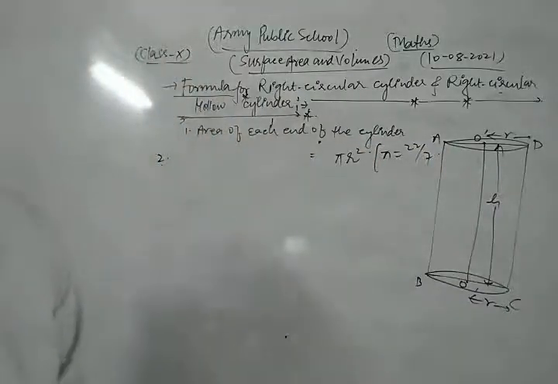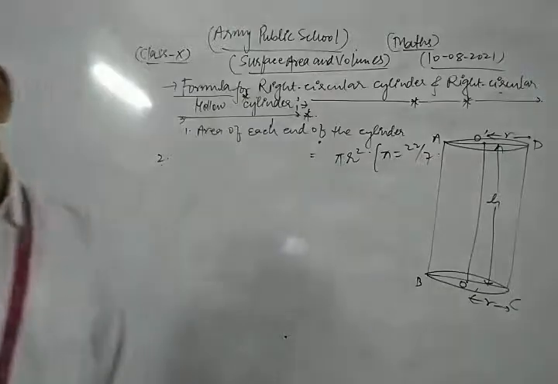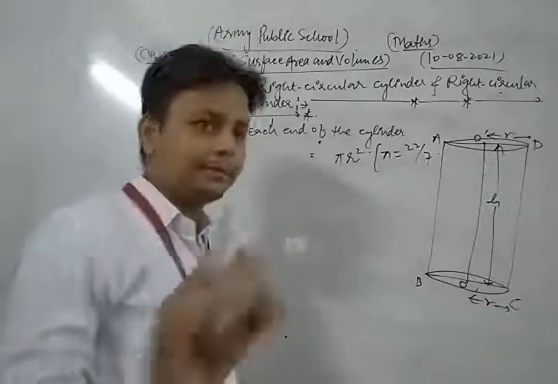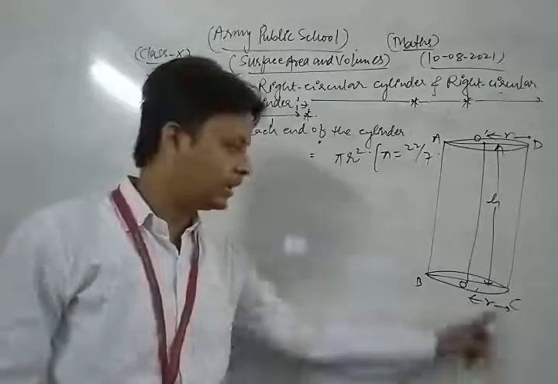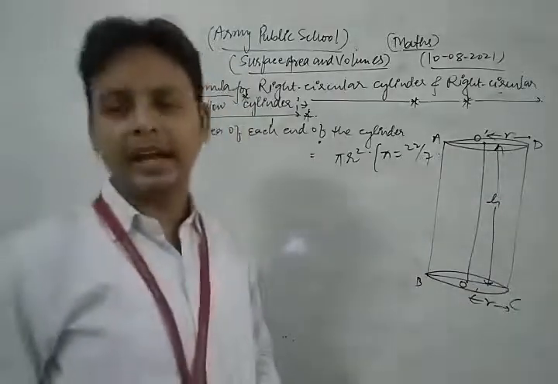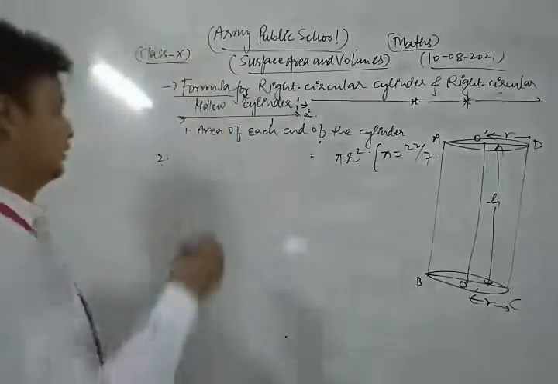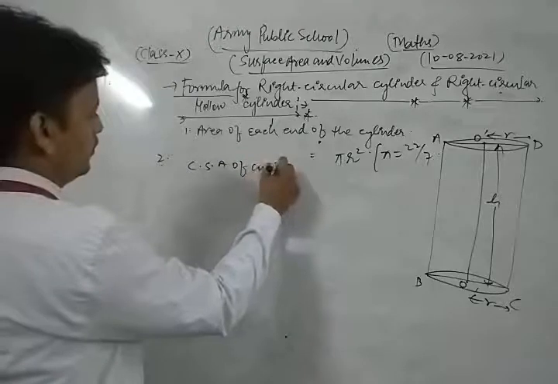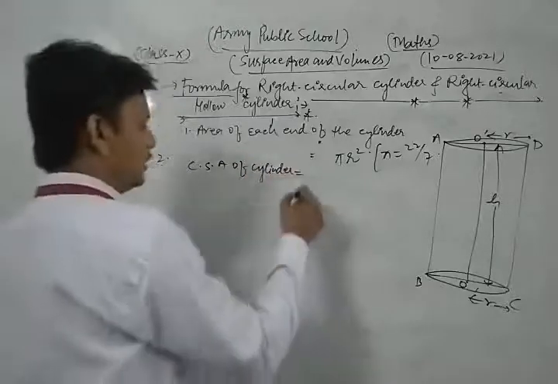Okay. Now the second formula is curved surface area of cylinder. The concept of curved surface area of cylinder is perimeter of the base into height.